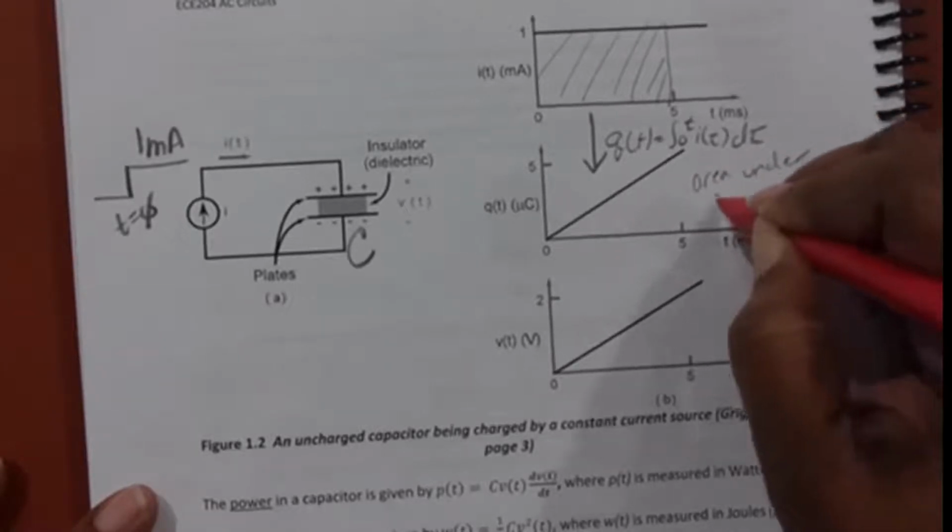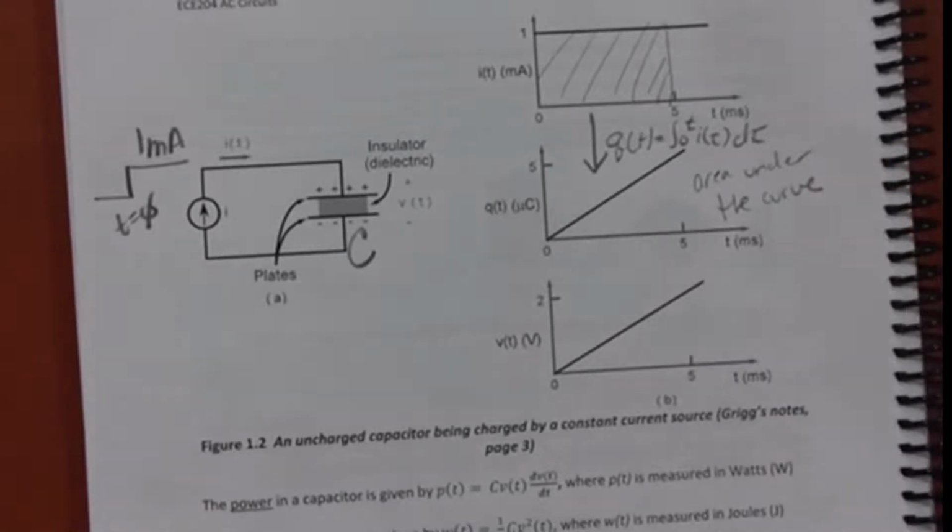So this is a plot of the area under the curve. If I integrate a graph, it's the area under the curve. So it's going from 0 to 5 microcoulombs in 0 to 5 milliseconds, and that makes sense.